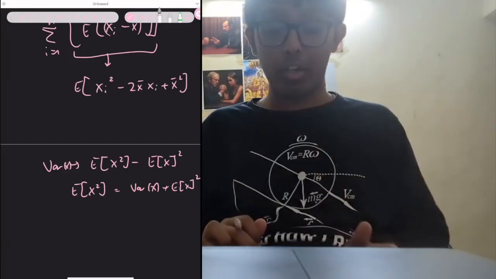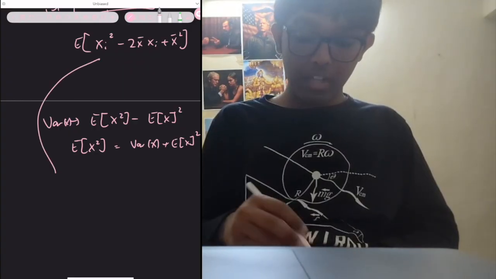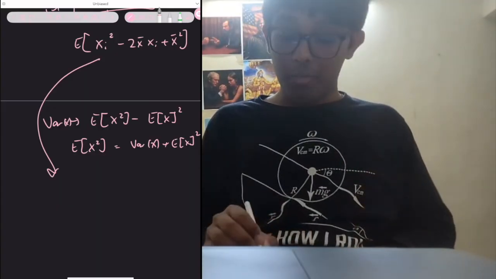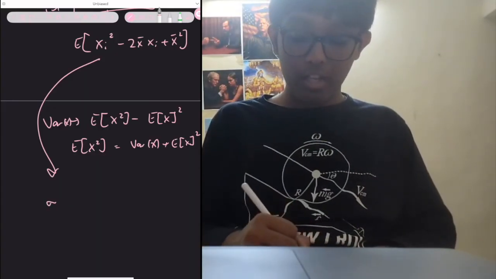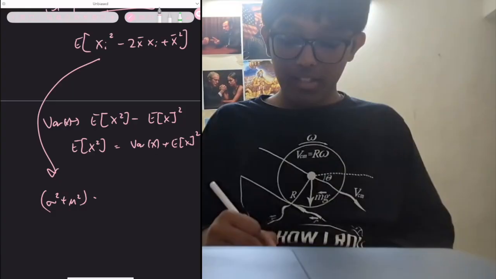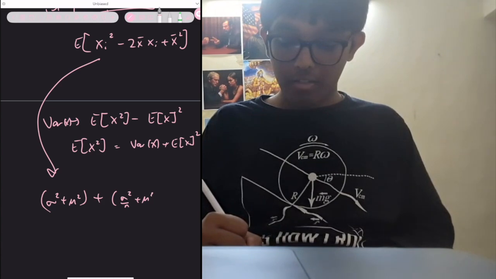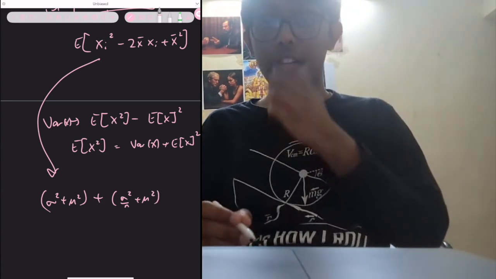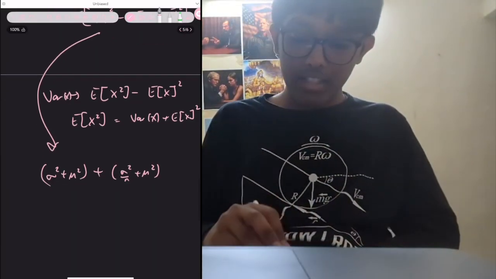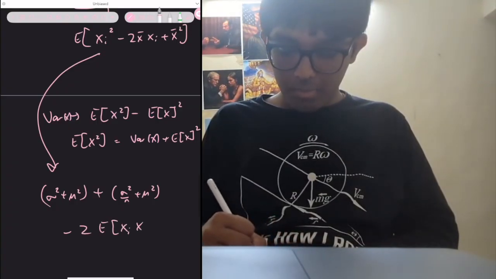This is important because now we can write the expectation of xi square as the variance of xi, which is sigma square, plus mu square. For the expectation of x bar whole square, we get sigma square by n plus mu square, because x bar is drawn from a normal centered at mu with variance sigma square by n, minus 2 times the expectation of xi times x bar.